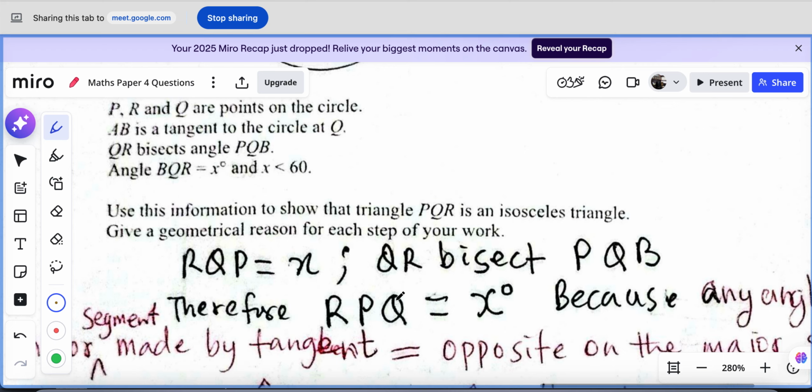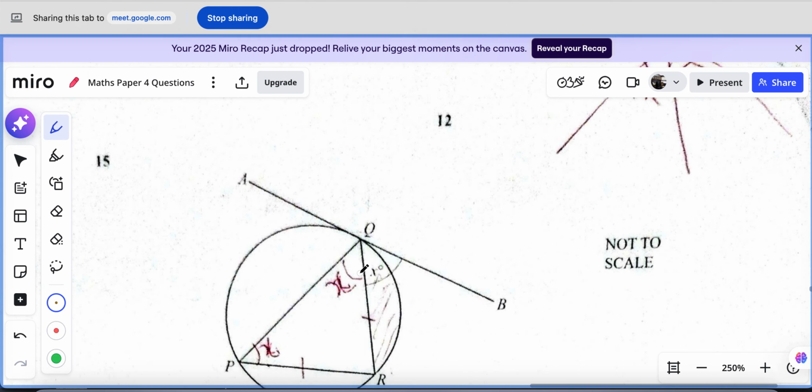So we already say RQP is X and QR bisects PQB. If QR bisects PQB, then if here is X, here should also be X. So you can say PQR is also X.